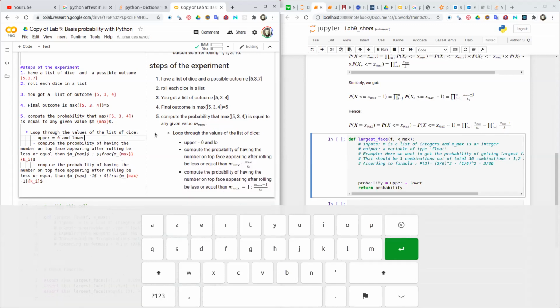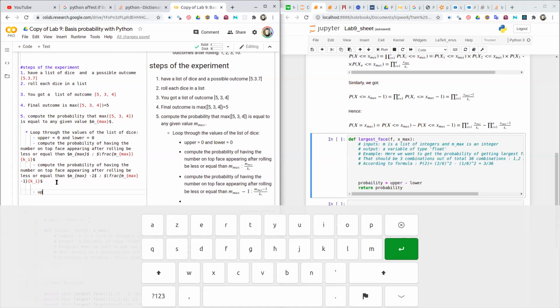Okay, so in the loop, you will do upper equals the product of these probabilities. So it's not 0 because it is the product. It's initialized to 1. So it will be 1 times the probability you compute here.